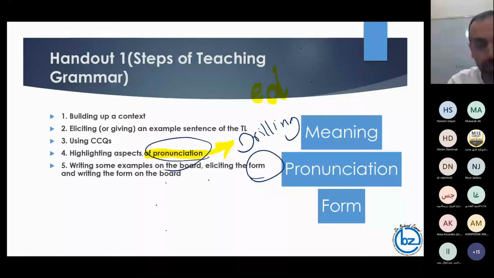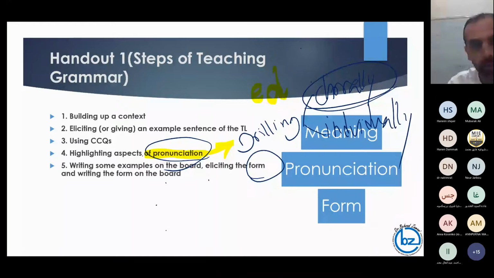And for pronunciation, you can have drilling chorally and individually, both of them. You ask your students to repeat, for example, I visited my parents last week, and your students repeat after you, not just one word, a full sentence, because they need to see how the words go in chunks.